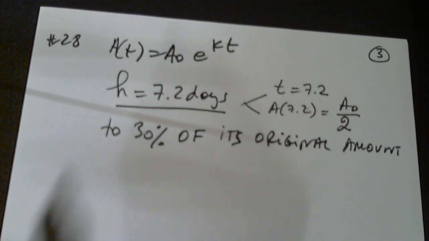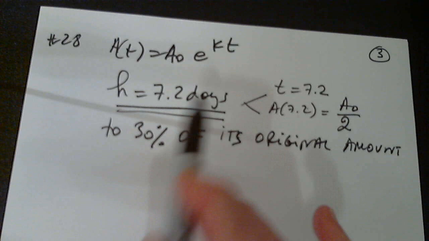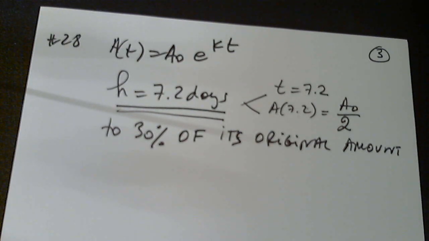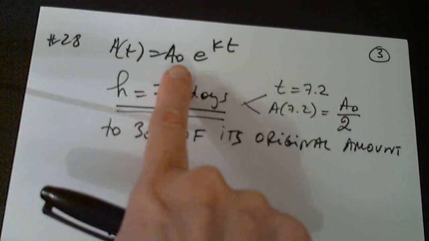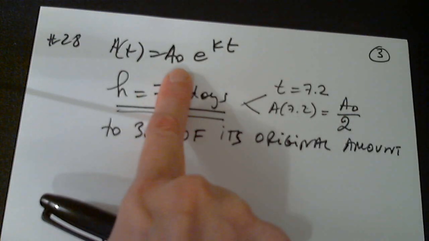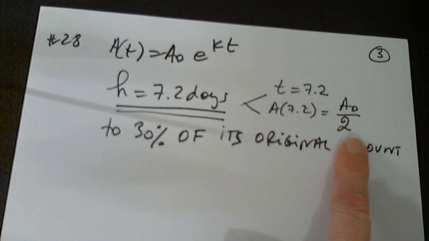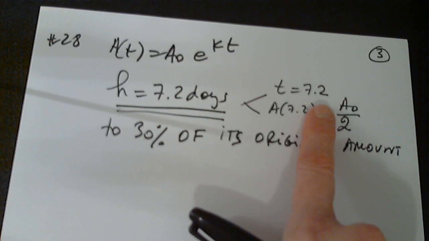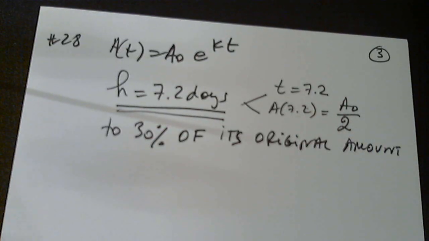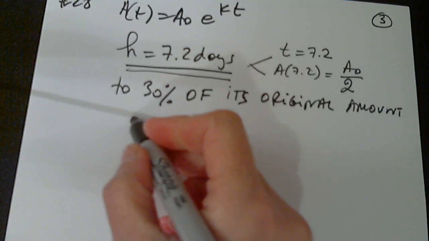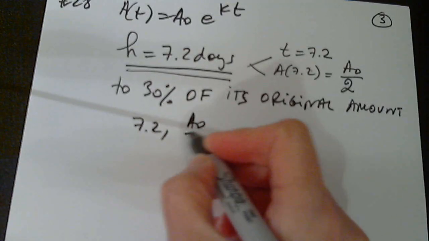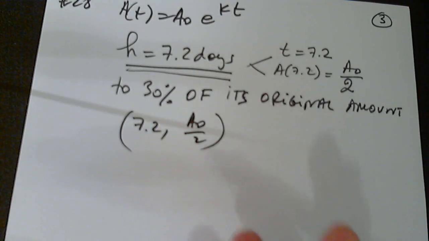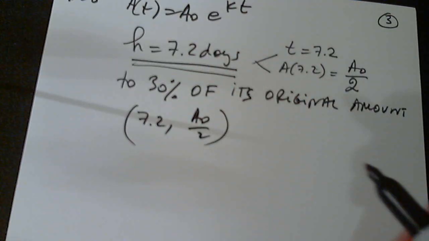This is the point. So when we are given that the half-life is 7.2 days, we know that this original amount becomes half after 7.2 days. So the point is 7.2, A0 over 2. I plug the point in.